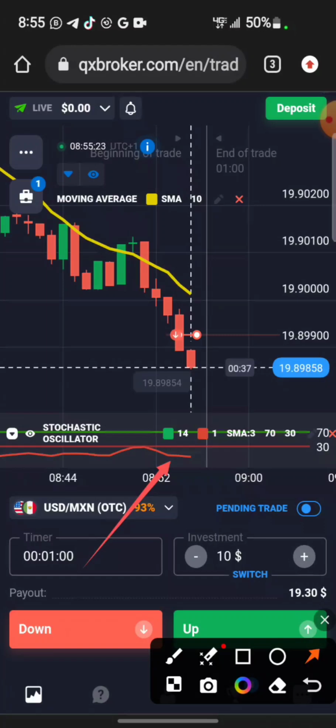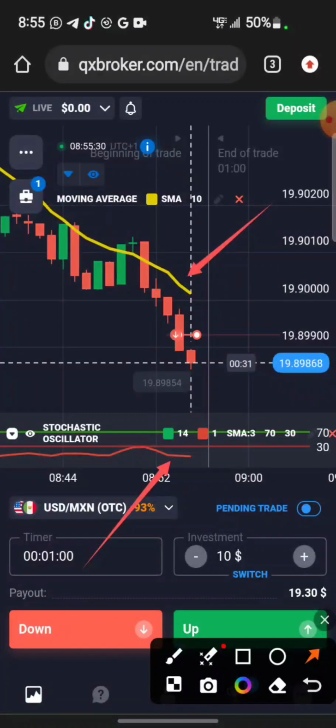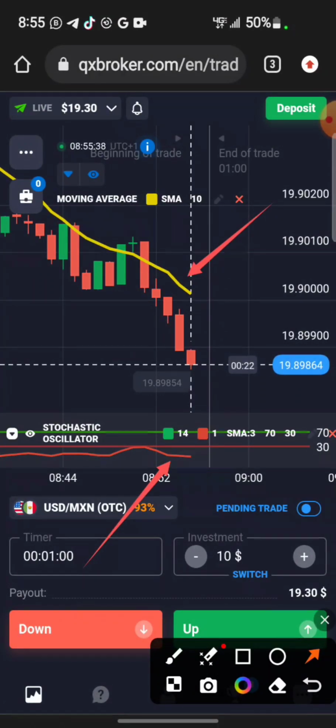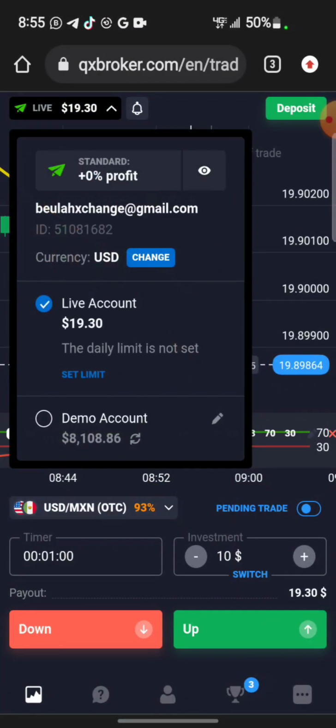And with that, I strongly believe that the market is going to continue going down for some time. And also the position of this moving average, it is positioned in a way that it doesn't support buying for now, because it's going bearish, it's falling flat with the red candles, and that shows that the market is going to be going down. The market has already entered on profit.